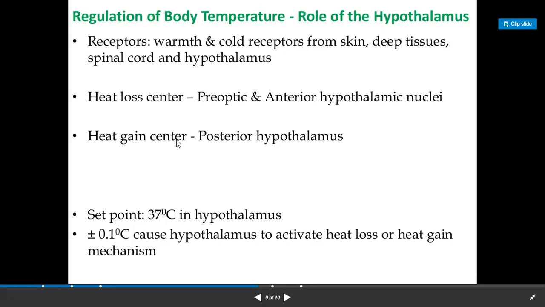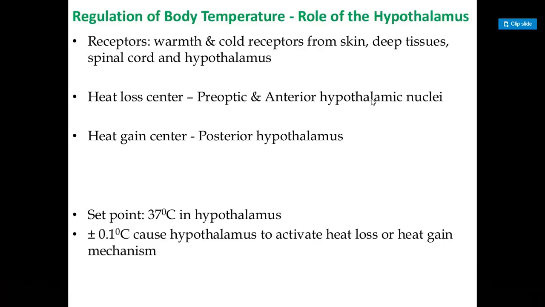Then we have the heat gain center, which is the posterior hypothalamus. Remember that I told you that the hypothalamus also regulates water balance, because there are osmoreceptors there. And these osmoreceptors cause the secretion of antidiuretic hormone.